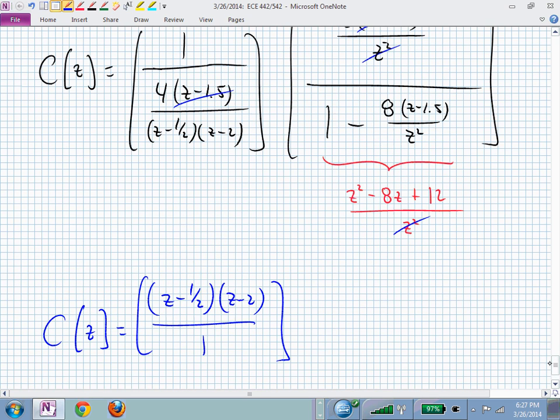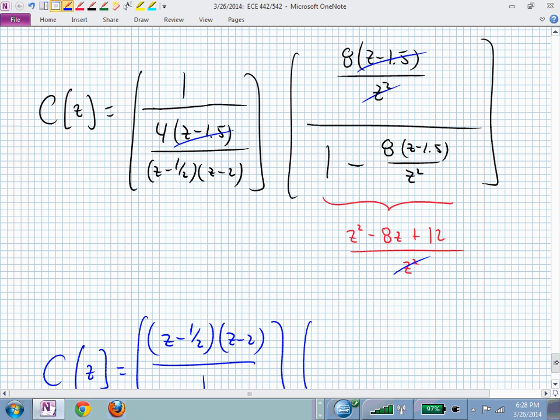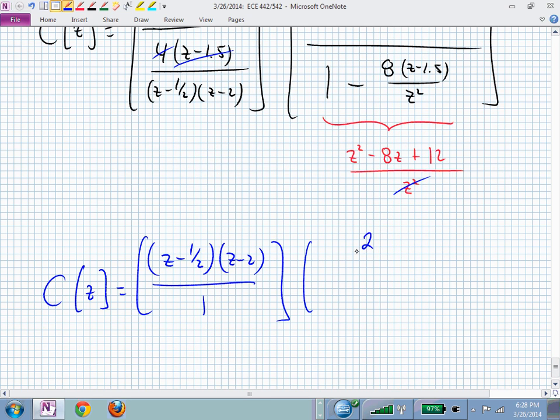That's coming from the first piece. And, well, maybe I won't do it all in one step. So now, oh, I could have done that, couldn't I? I could cancel the 4 and the 8 and get down to a 2, so that I now have 2 over z squared, and I have z squared minus 8z plus 12 over z squared.